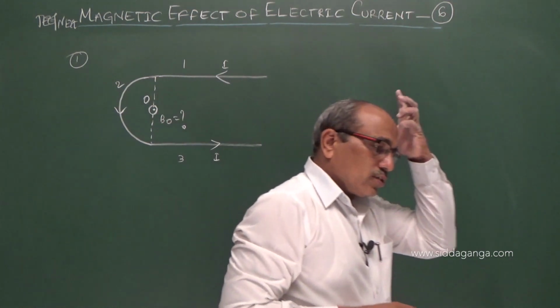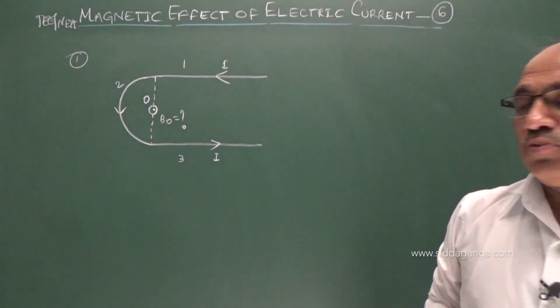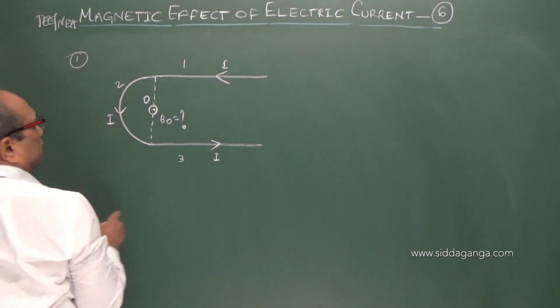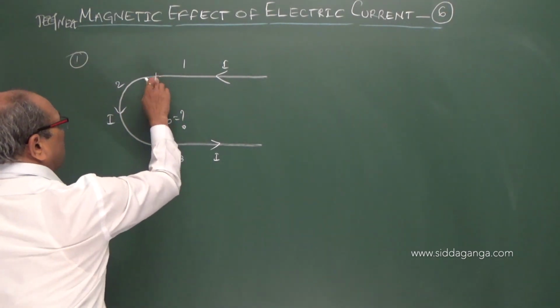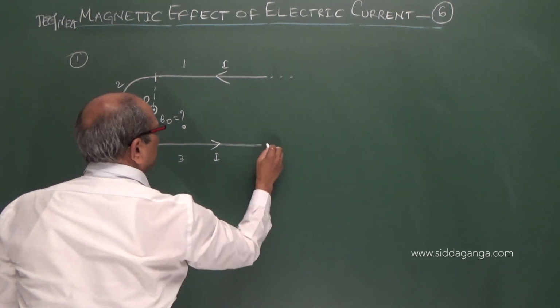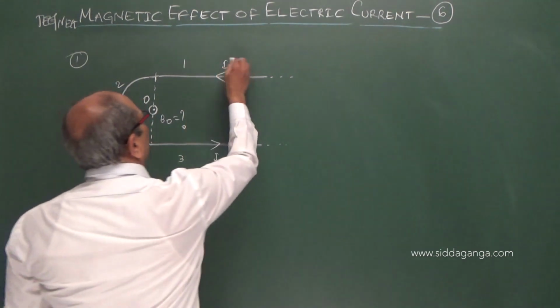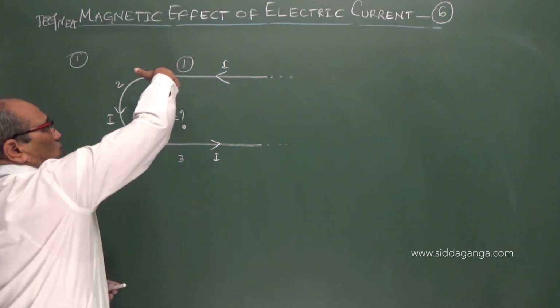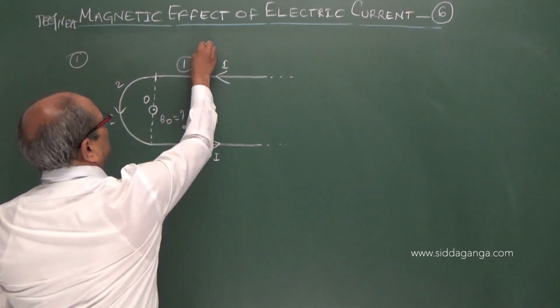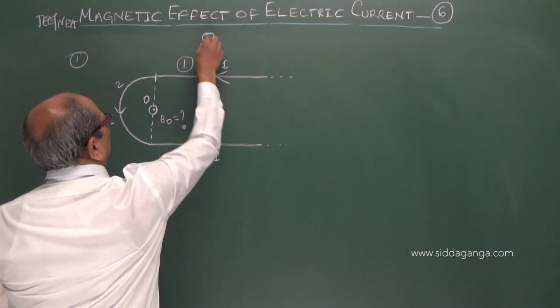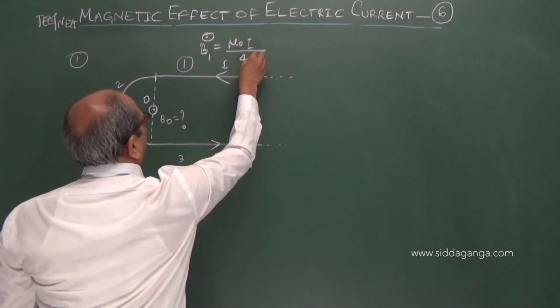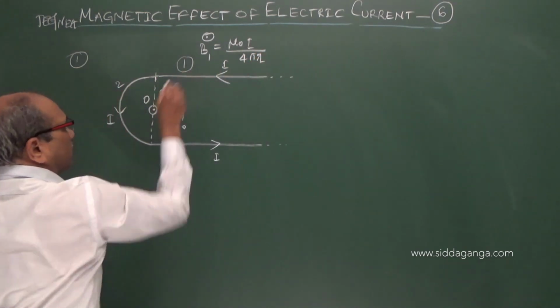In that case, there are three parts, two straight line portions and one half circle. Current is anti-clockwise. Here it is a half-length, infinite. This first one produces the field. Outward or inward, you know it is outward. So that B1, which is outward, is given by mu naught I upon 4 pi r.